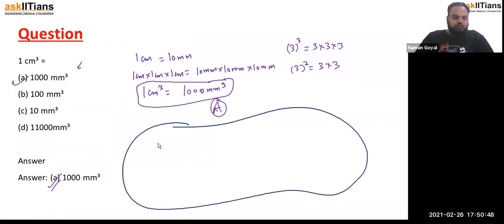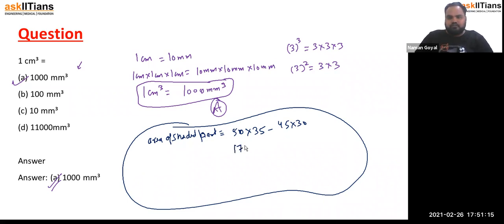Okay, so what we got, area of shaded part is what? 50 multiplied by 35 minus 45 into 30, right? So what is 50 into 35? 35 fives are 175.